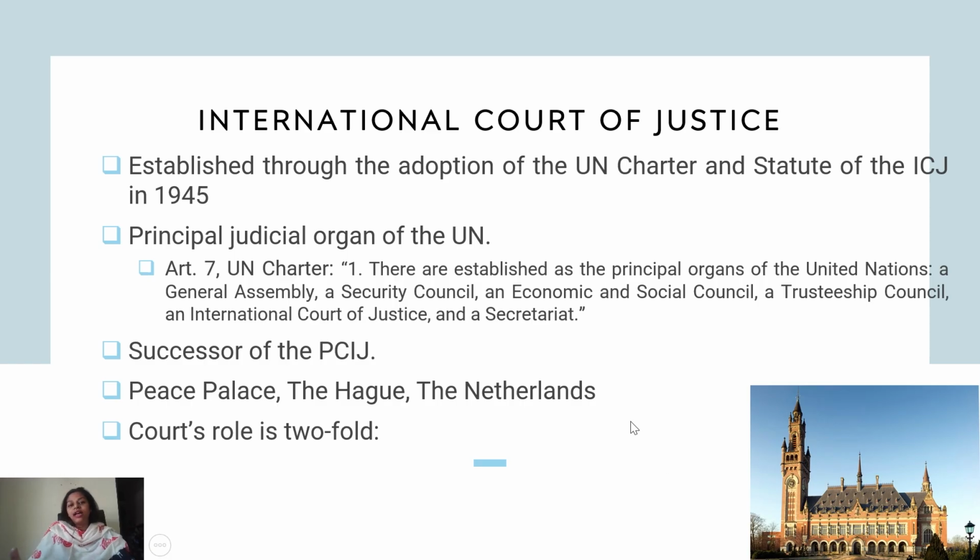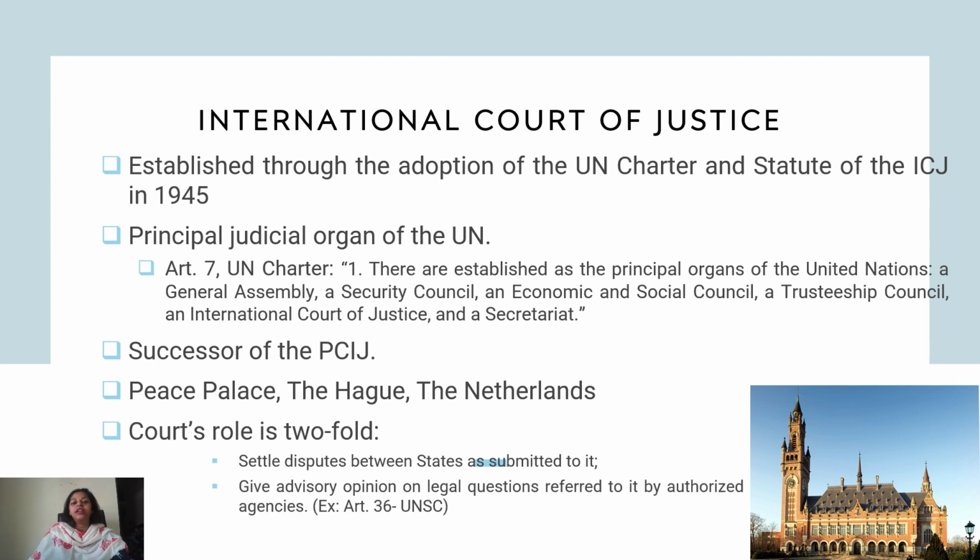And the role that the International Court of Justice performs is twofold. One, where it settles the disputes between states, where the states submit a dispute to the International Court of Justice. And second, where any United Nations organ requests an advisory opinion of the court, then the court can give an advisory opinion on any of the legal questions which are referred to it by the United Nations agencies.